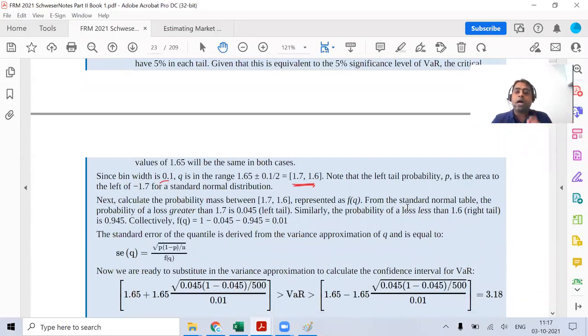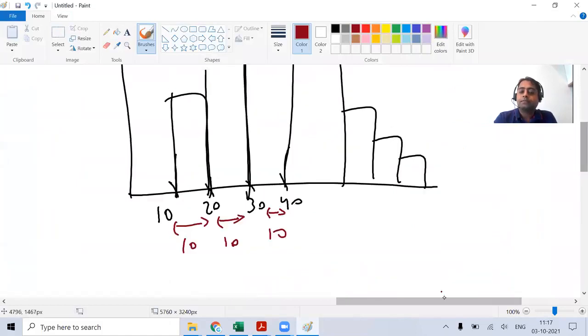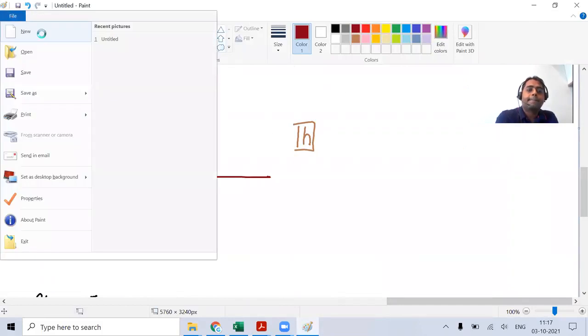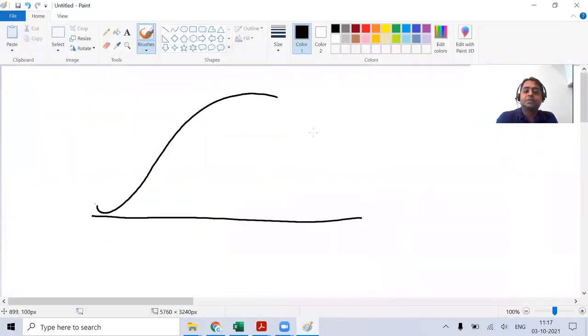Our intention is to find, suppose this is the distribution, this is my 1.7, this is my 1.65, this is my 1.6.